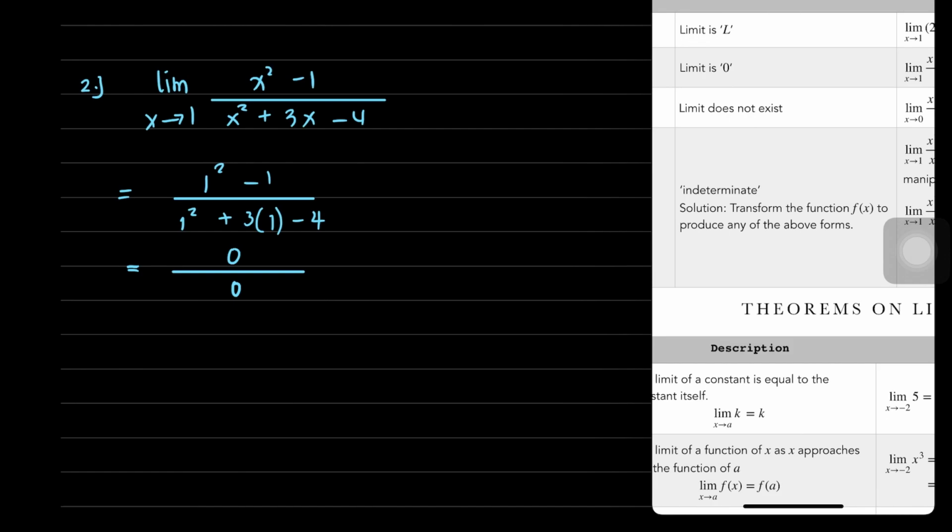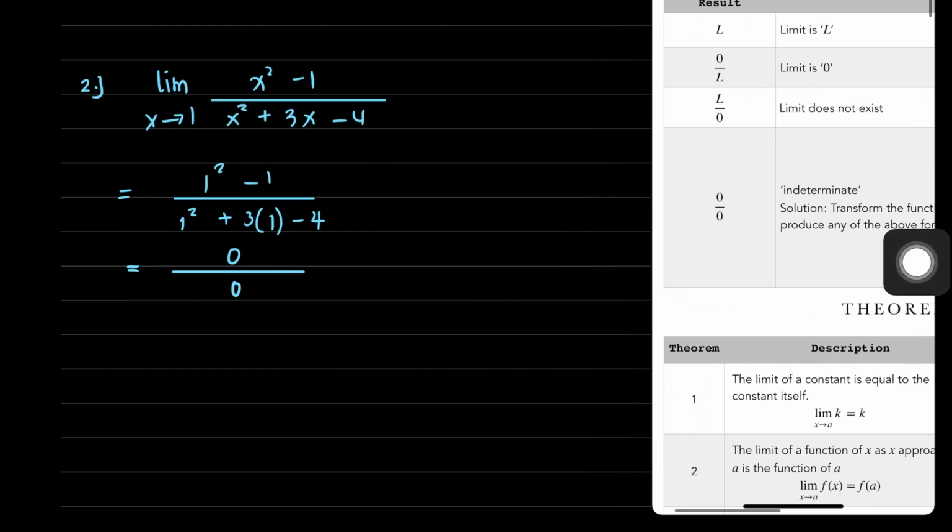The solution is to transform the function f of x to produce any of the above forms. If the result is not L, or 0 over L, or L over 0, and the result is 0 over 0, we are going to manipulate the given function in order to produce any of these results.